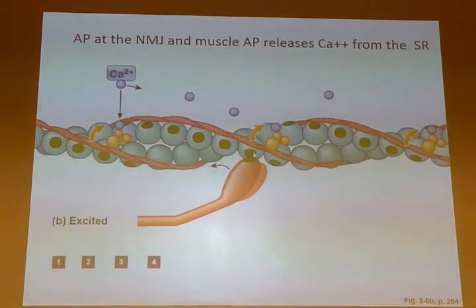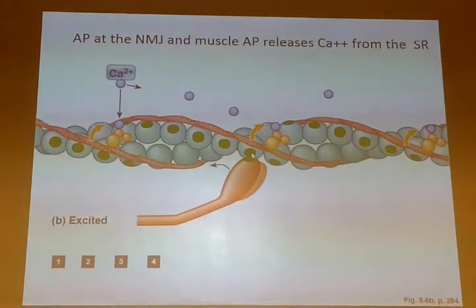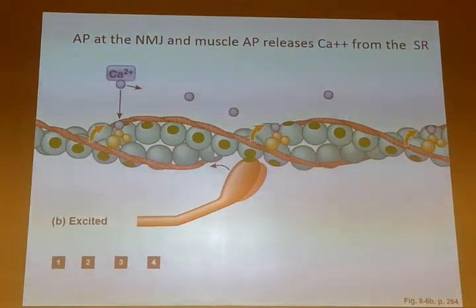And as soon as the binding site on actin is exposed, myosin will latch on. And the hinge region will bend. The actin is then pulled one actin length past the myosin, and myosin will stay attached until a new ATP binds.